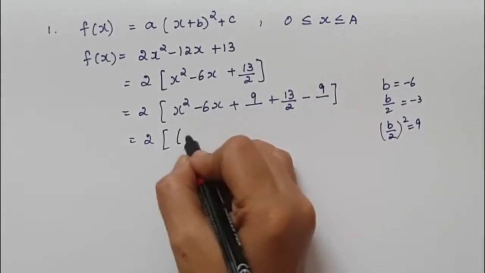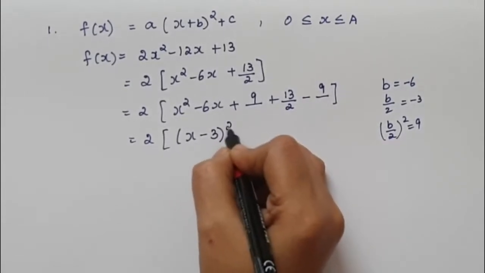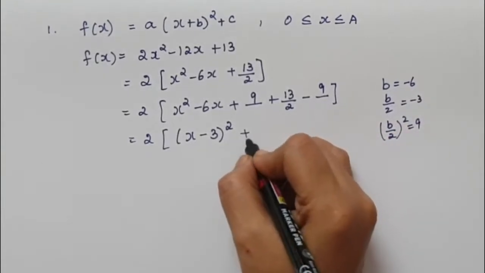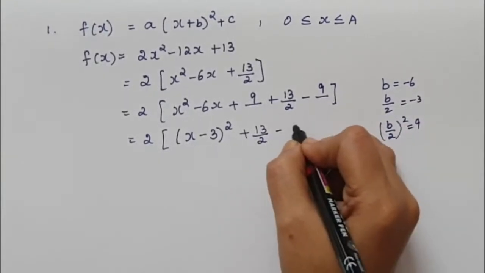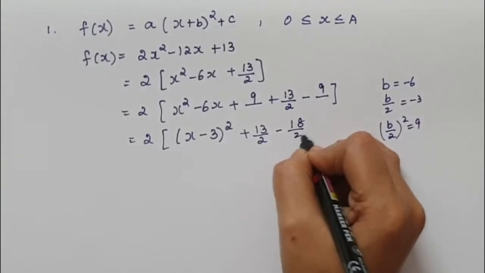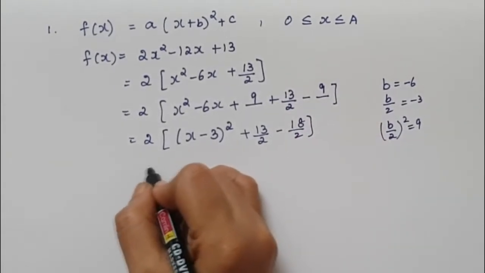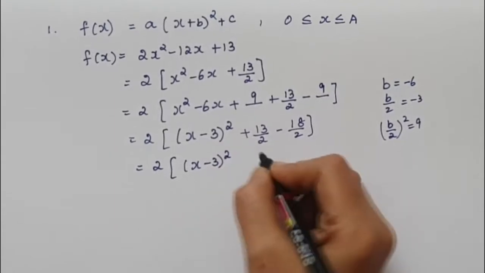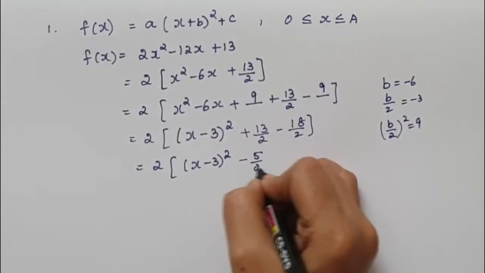So this part we can write as x minus 3 the whole square, and this one will give us plus 13 over 2 minus 9, that is 18 over 2. So now it will be 2 into x minus 3 the whole square, minus 5 over 2.